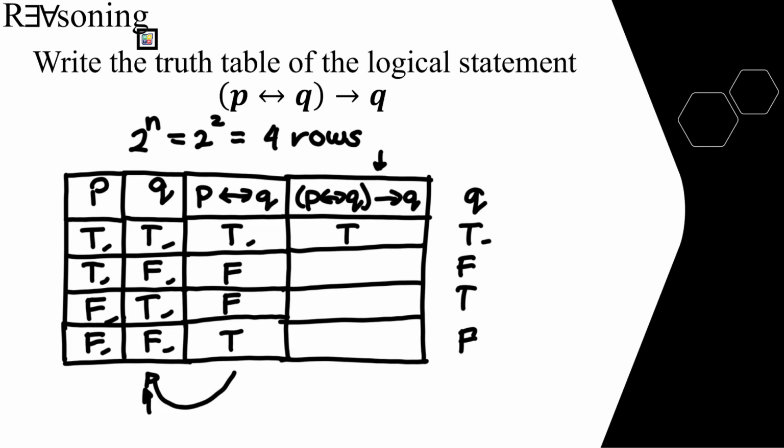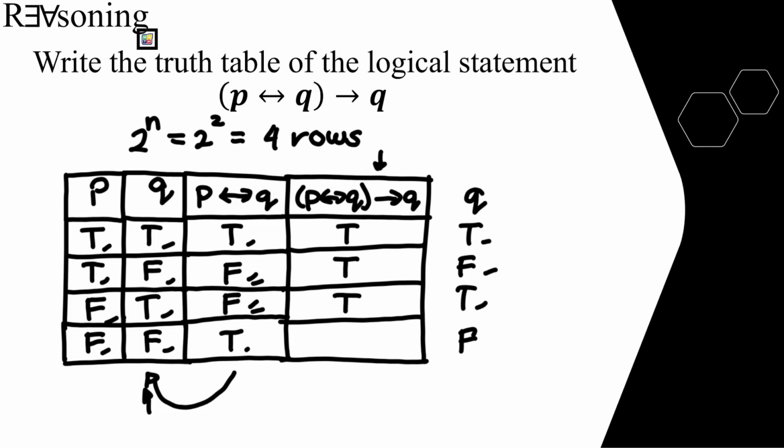Next, we have here false. Regardless of whatever is your conclusion, as long as your hypothesis is false, also true with the third row, automatically this is true and this is true. So regardless of your conclusion, as long as your hypothesis is false, automatically for the conditional logical operator, the result is true.